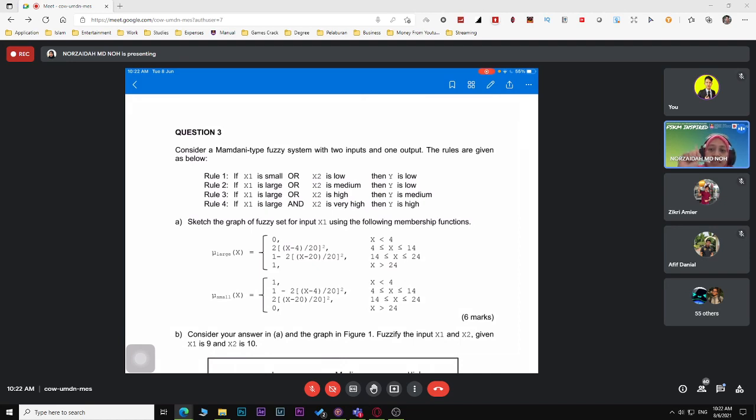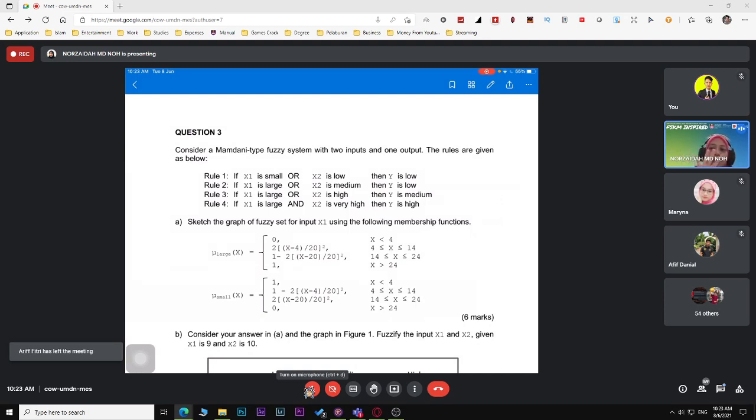The first one is Fuzzification, madam. Yes, thanks Ali. Fuzzification, okay. The second step is Rule evaluation. Ketiga, Aggregation. Yang keempat, Defuzzification. Very good. Okay, so you still remember those 4 steps.